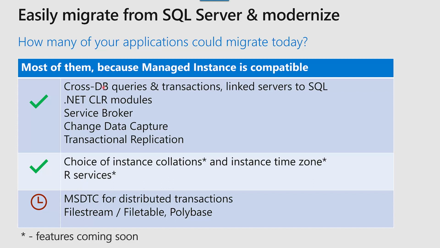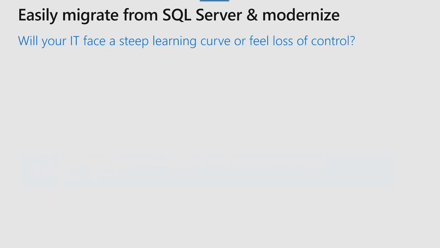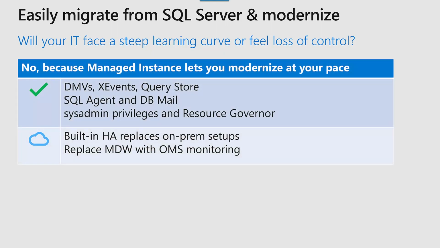The main thing is whatever you are using, SQL MI has it already, and it can support you. So it is not just a database engine, it has all the other services that are available with a regular SQL Server. It has all those in a PaaS fashion.